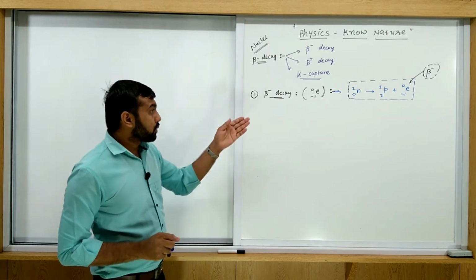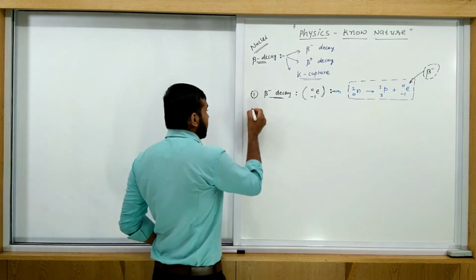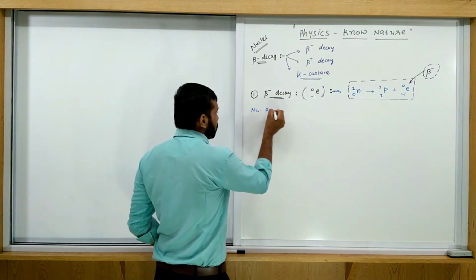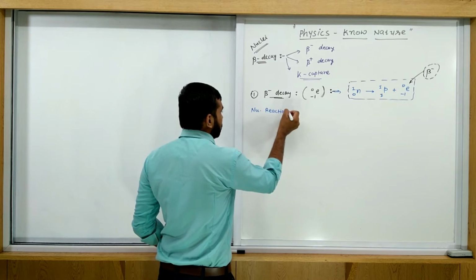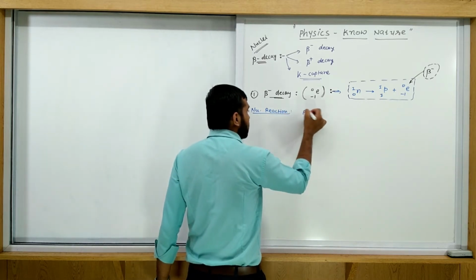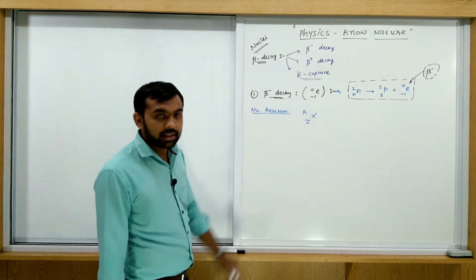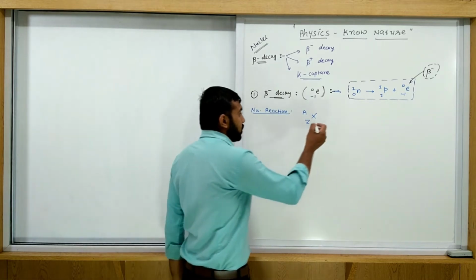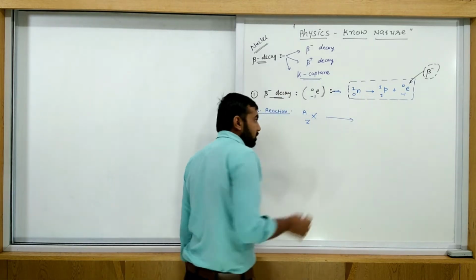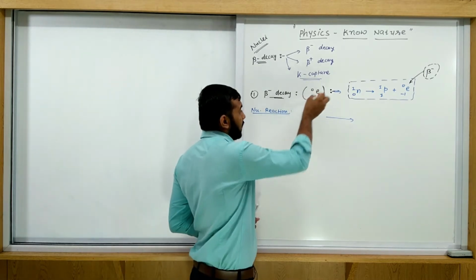Now how do you write the nuclear reaction? Very simple. Suppose you have some nucleus ZXA. With this nucleus, beta minus decay occurs. Beta minus means -1e0.